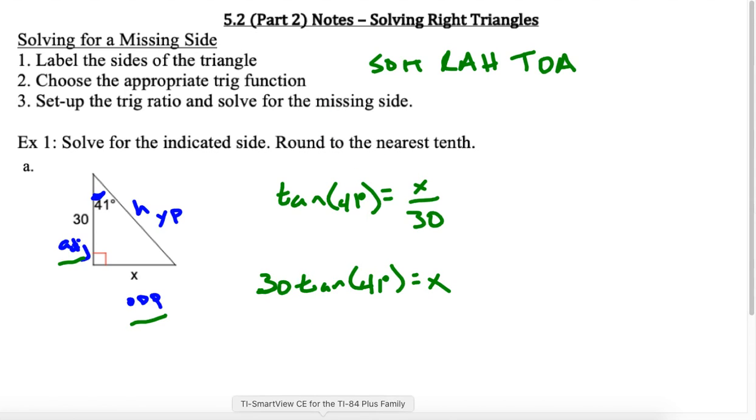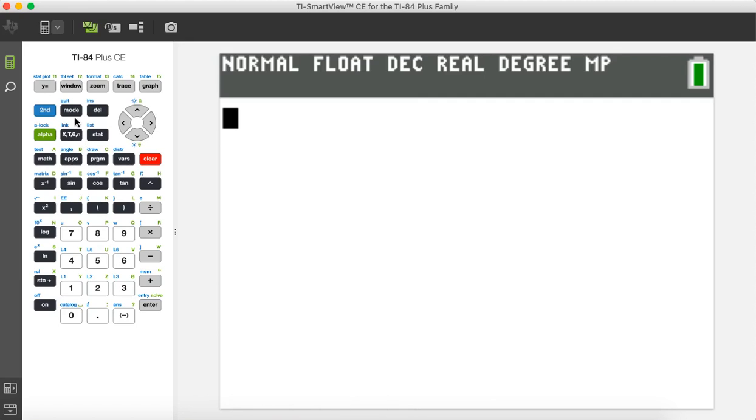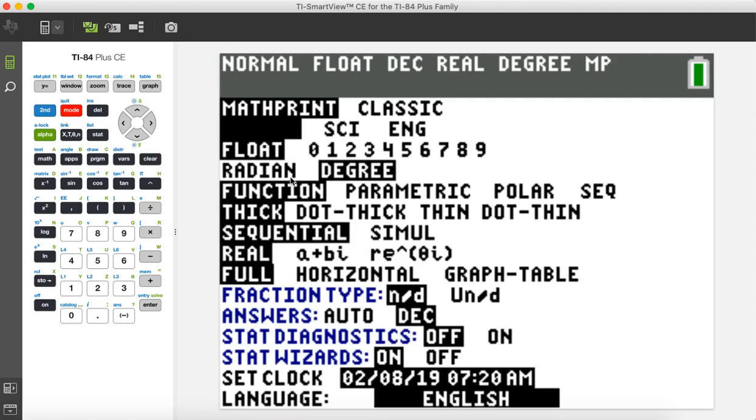One thing that we do have to make sure of is the mode on our calculator. This option right here, we can choose between radian and degree, and we will actually be flipping back and forth between these two a lot in this class. In this case, we're given angles in degrees, so we want to make sure that our calculator is in degree mode.